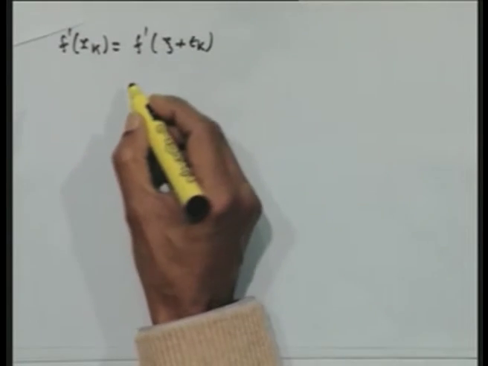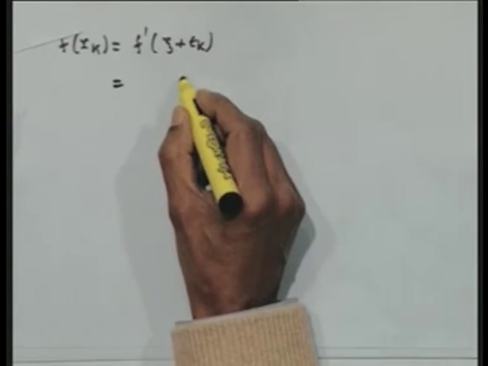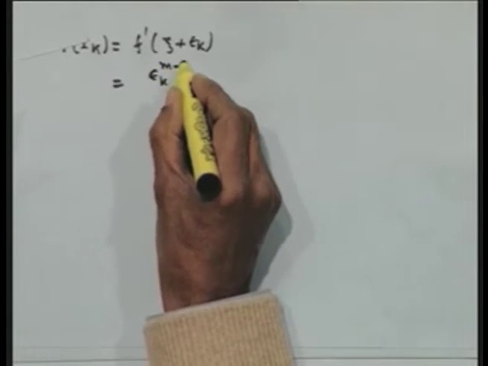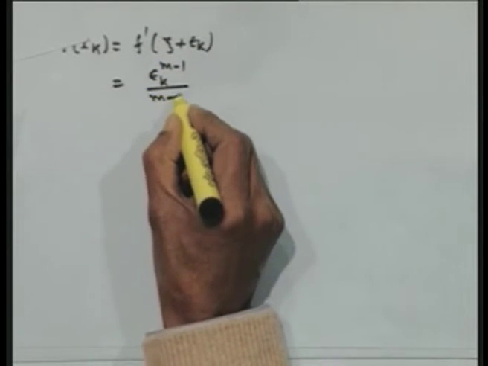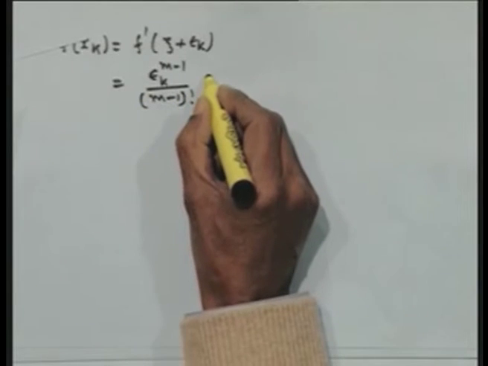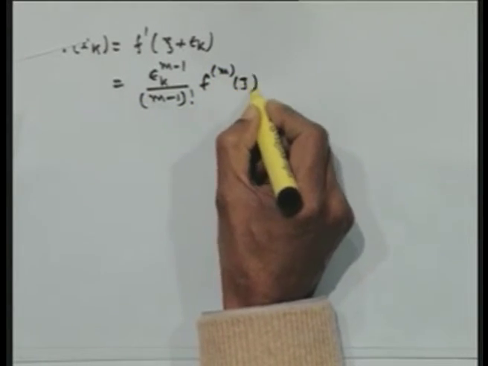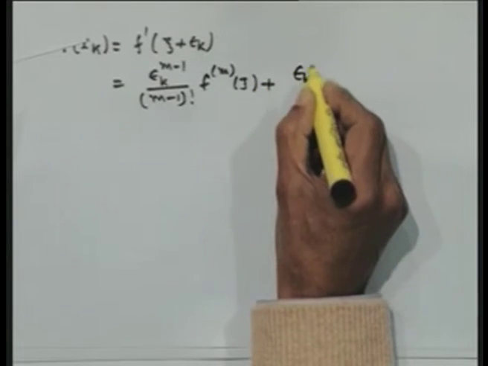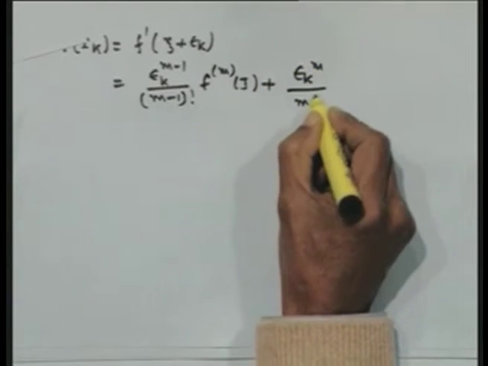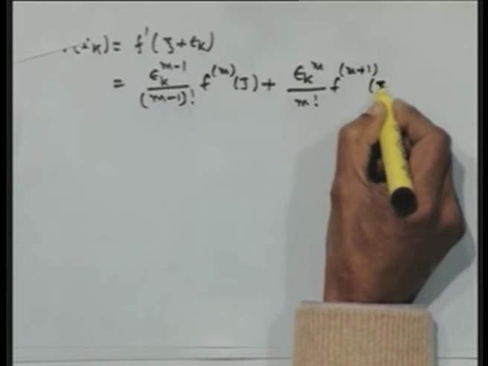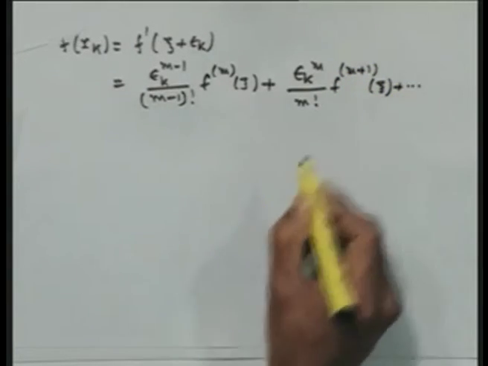Therefore the first non-vanishing term will contain the mth derivative of f, but this will be epsilon k to the power of m minus 1 by (m minus 1) factorial and f m of xi, plus the next term, epsilon k to the power of m by factorial m, f m plus 1 of xi, plus so on.